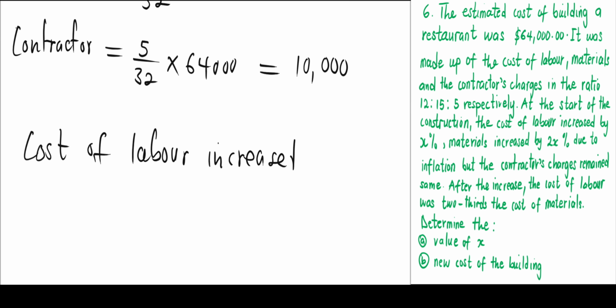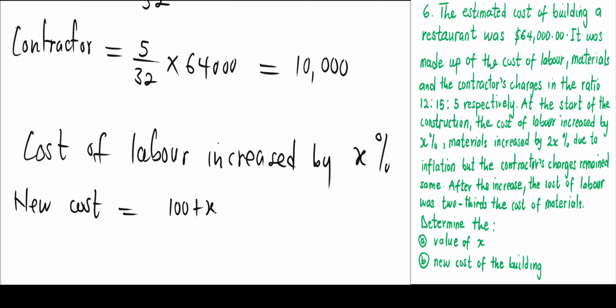So if the cost of labor is increased by X%, that means the new cost will be equal to 100 plus X divided by 100, times the initial cost of labor, which is the 24,000.